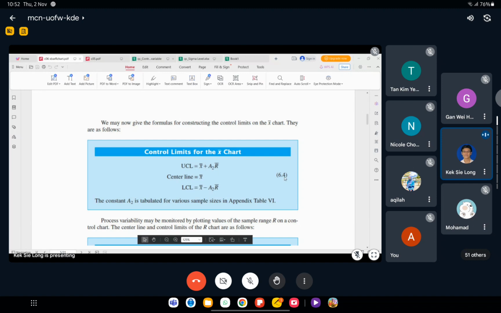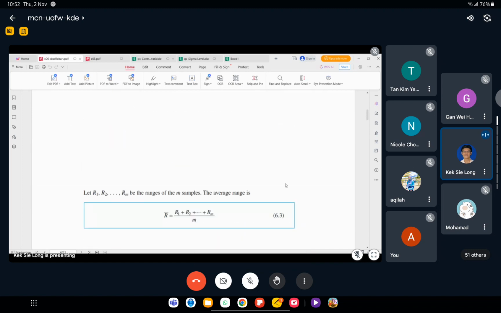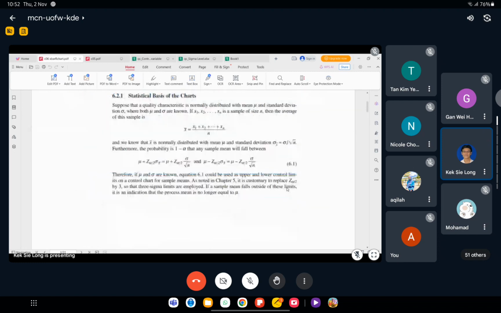Look at equation 6.4: x bar bar plus A2 R bar, x bar bar minus A2 R bar. If I join them together, it becomes only one equation: x bar bar plus minus A2 R bar. So it is similar to equation 6.1, isn't it?